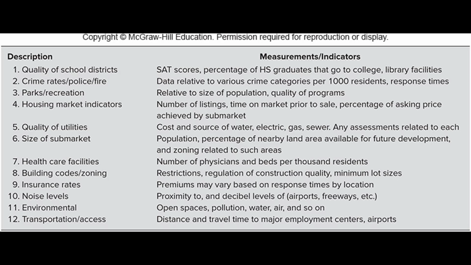What does the housing market tell us in terms of, is it a hot market? Is it cooling off? These are a lot of the factors that we'll look at when we do a market analysis. What about the utilities? In some parts of Birmingham, Alabama, where I live, certain neighborhoods are on sewer and certain are on septic.